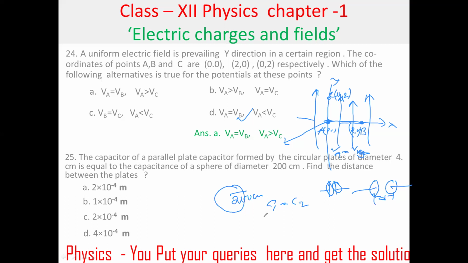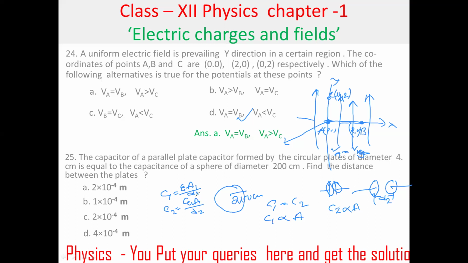The capacitance of the plate capacitor varies with area, so we can apply C1 equal to epsilon naught A by D, and C2 equal to epsilon naught A by D2.